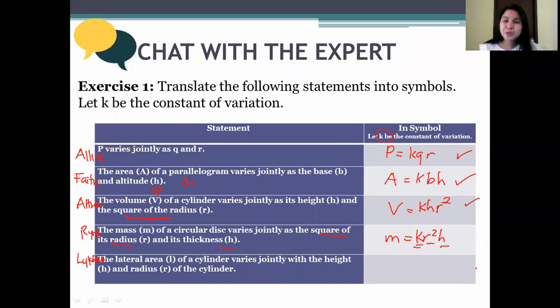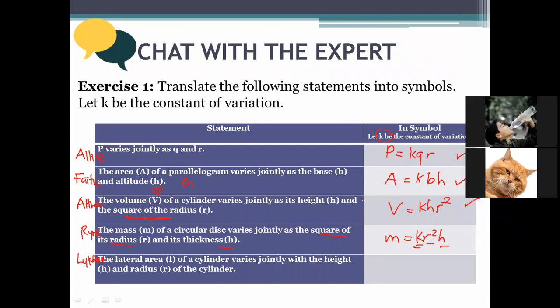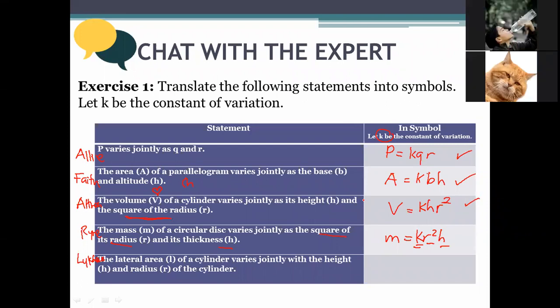The last one, Lykin. The lateral area, L, of a cylinder varies jointly with the height, H, and radius R of the cylinder. Oops, Lykin is gone.